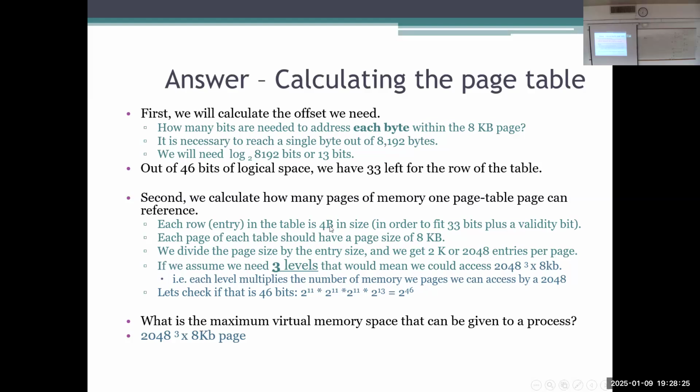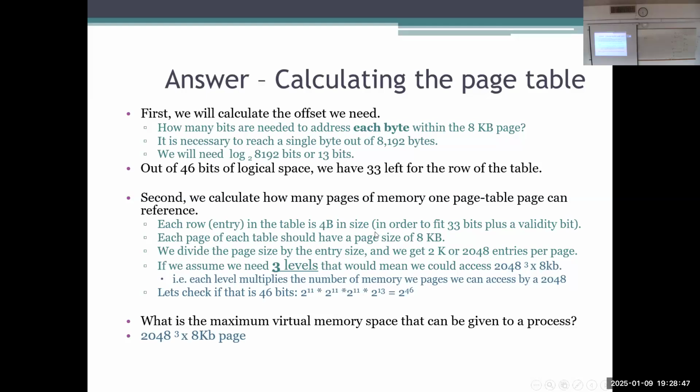How come it's 4 bytes? Why is it 4 bytes? 4 bytes would be 32 bits. That's 33, 0 to 31. Oh, you're right.